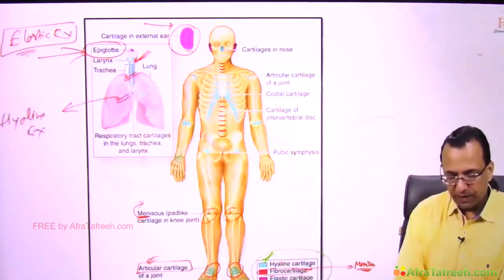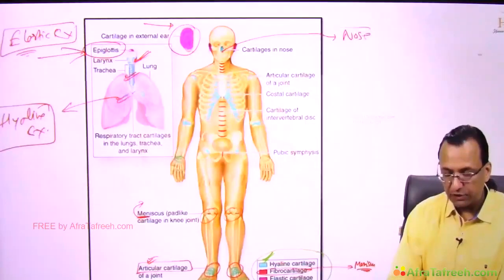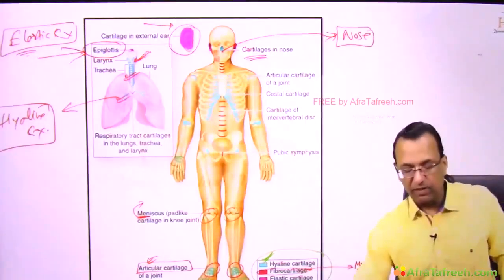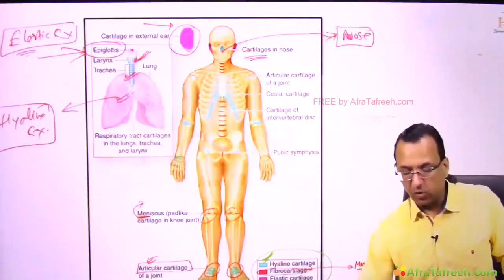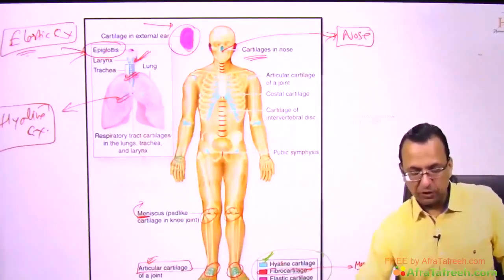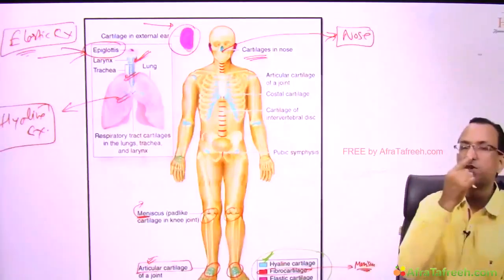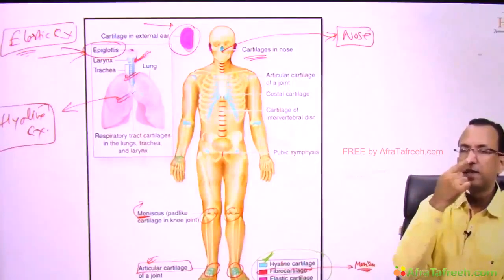Even the nose cartilage in the respiratory tube is hyaline. So the respiratory tube begins with the nose, and nose cartilage or larynx cartilage or trachea and bronchus, this is all hyaline cartilage. But if you say the tip of the nose, then it is elastic cartilage.